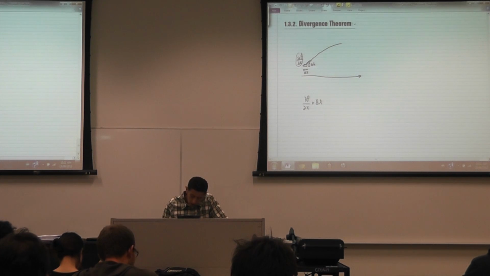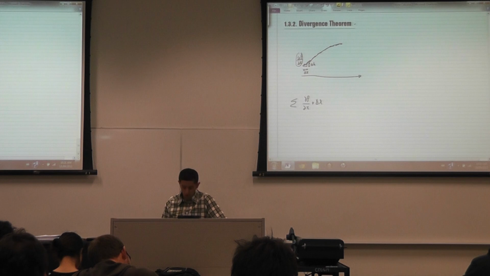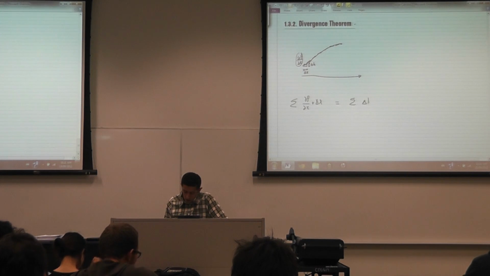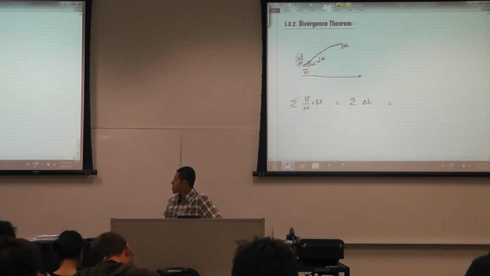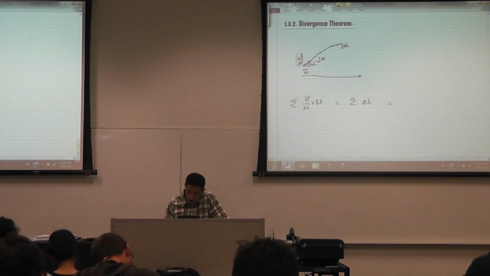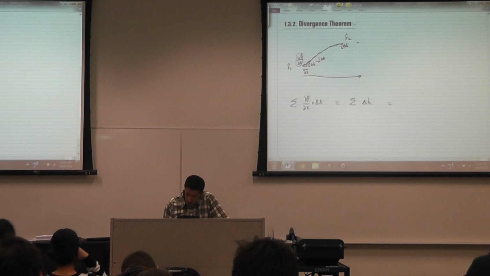If I keep going all the way and sum, this is equal to the summing of the delta h's, which will tell me the difference in the height between, if I call this f2 and this f1, f2 minus f1.